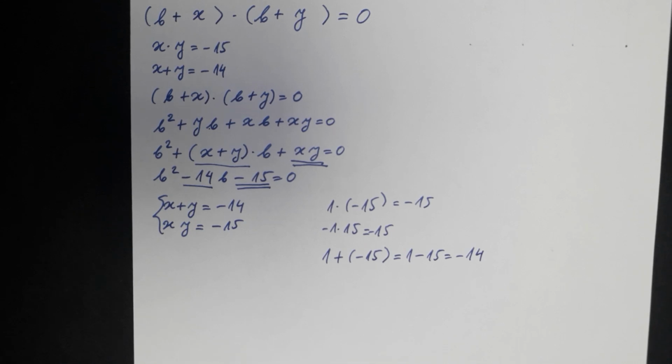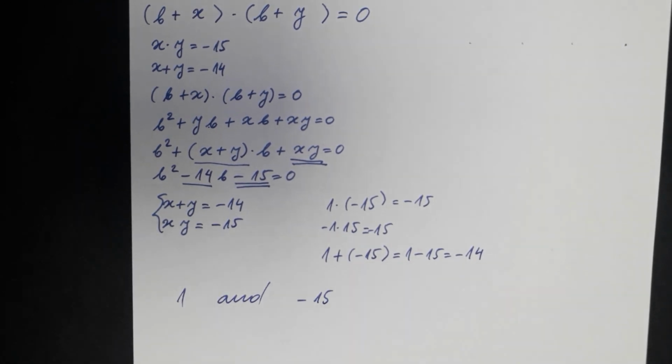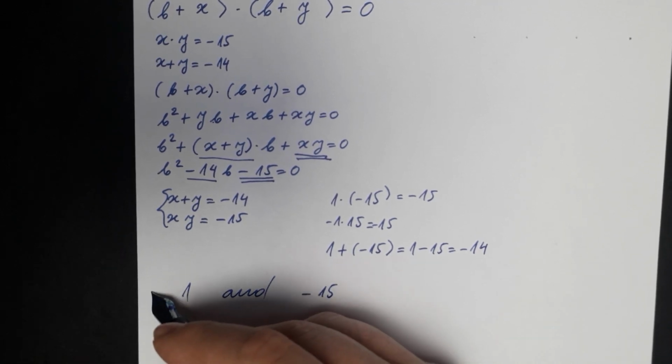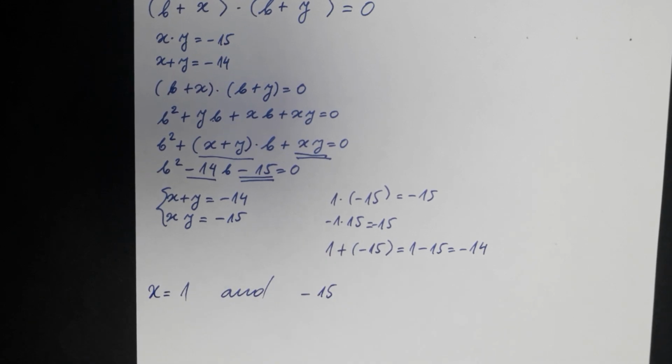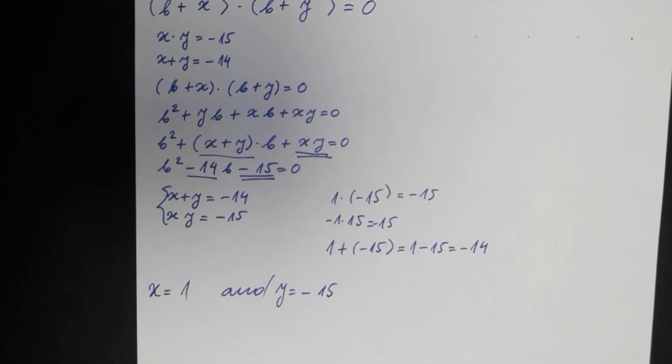At this point, we can make a claim that our numbers have been found, and those numbers are 1 and negative 15. For x, we are going to take the positive number, so x is equal to 1. And for y, we are going to get the second number, so y is equal to negative 15.